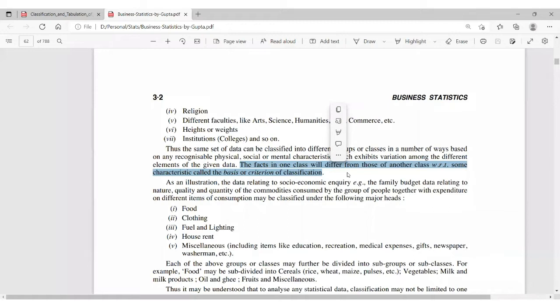For example, in any family budget, most of the money is spent on food, clothing, fuel and lighting, house rent, and miscellaneous items like education. So these form the five heads.